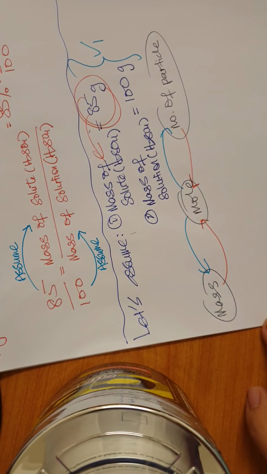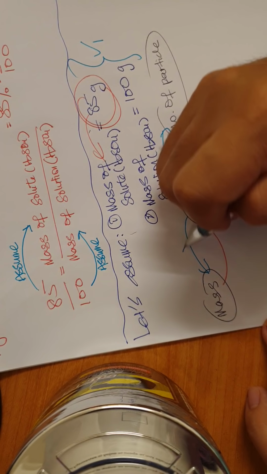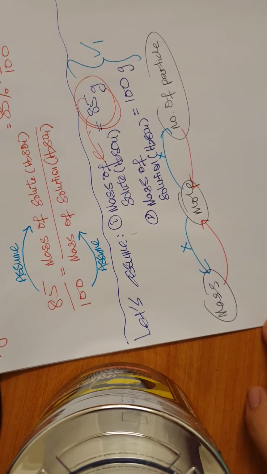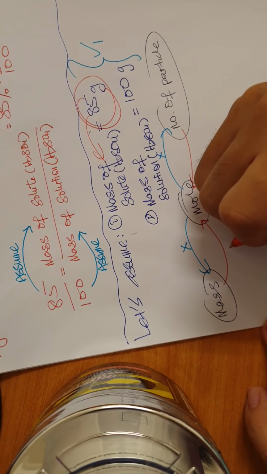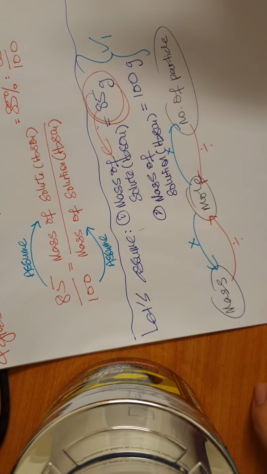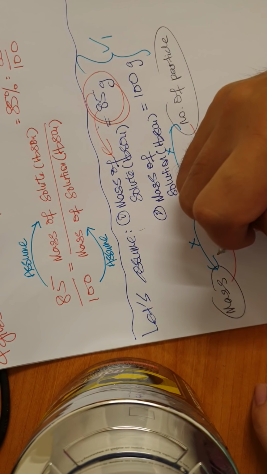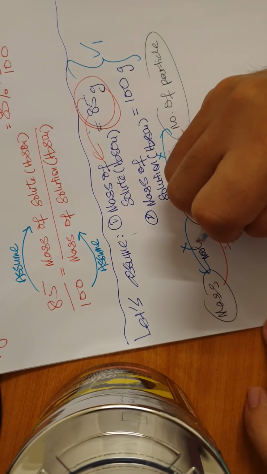If you still remember this, multiply going out, and going back in is divide.